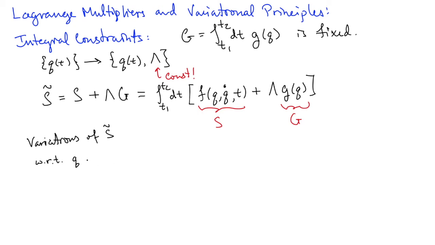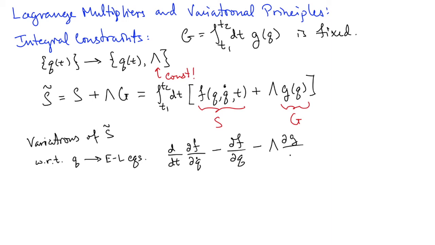These are just the Euler-Lagrange equations, and they look like, as we've written down before, d by dt of partial f partial q dot, and it's f by q dot only because it's the only one that depends on q dot inside the brackets, minus partial f partial q, that's the first part, minus lambda partial g partial q, and that's the second part.